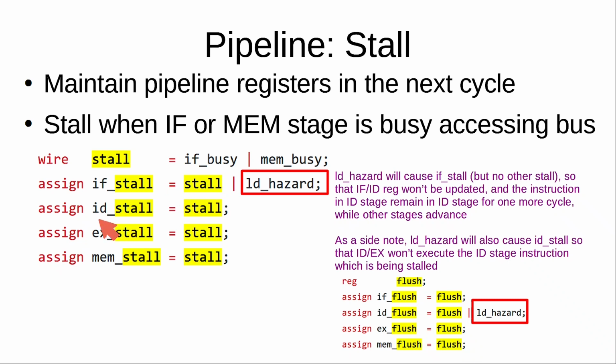We don't have to stall the other stages because the load hazard only needs to stall the ID stage, which is requiring the memory load data. As a side note, the load hazard will also flush out the ID stage because the ID stage is being stalled and there is no point in continuing the instruction that has been decoded in the ID stage.